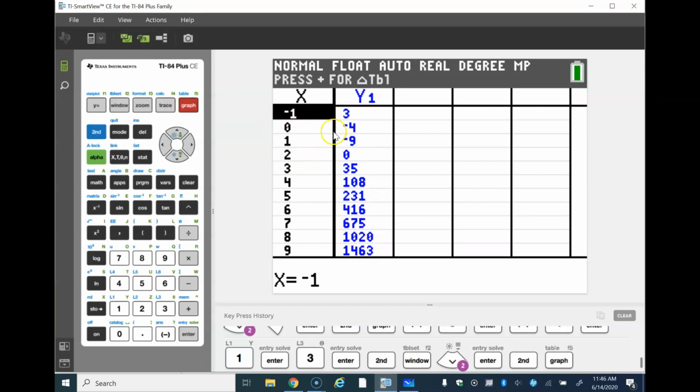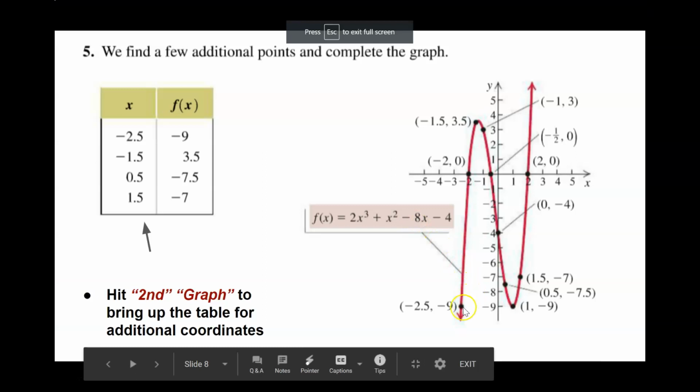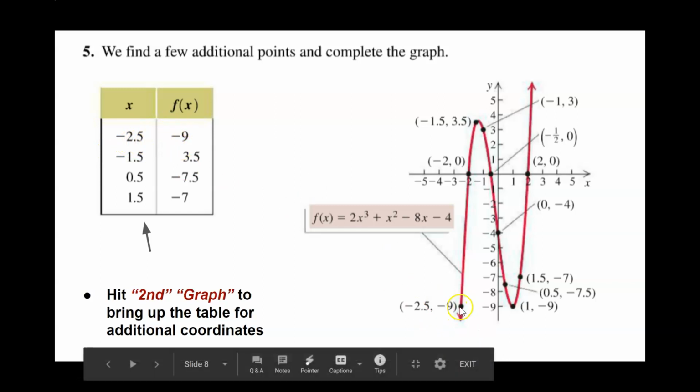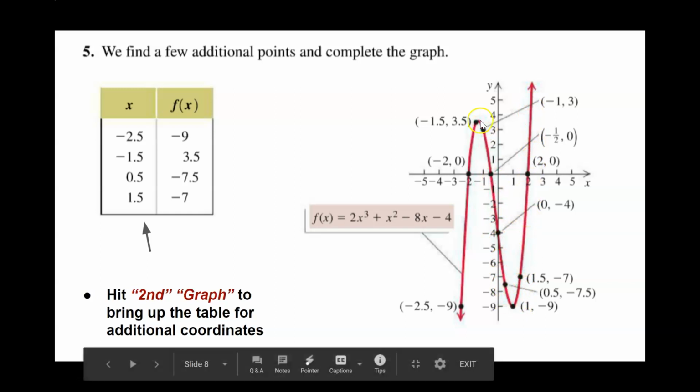Just grab some points near here, because we want to make a graph and fill it in, so we can sketch the actual shape. So here we just randomly pick negative 2.5, got 9. Plot this point, plot our intercepts, plot our y-intercept, and once you have enough dots or ordered pairs, you can actually make what the graph actually looks like.